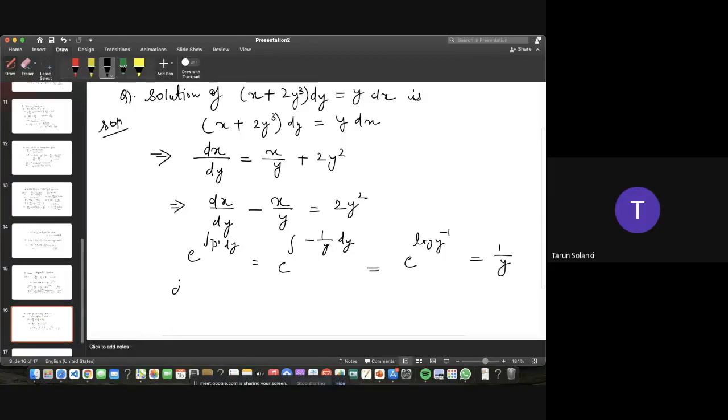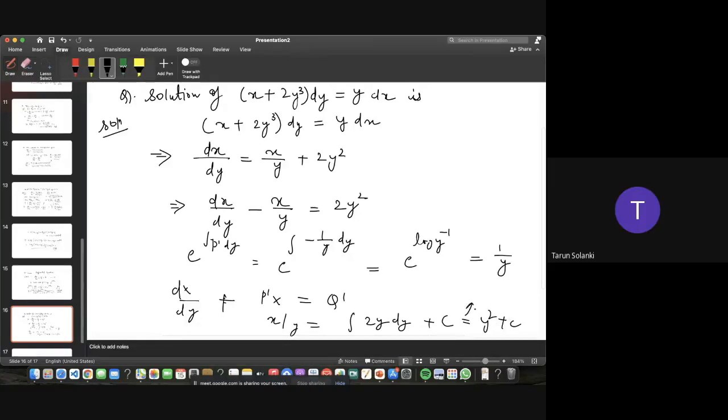So we write dx/dy + P'x = Q'. Solving, x/y = integral 2y dy + c, which equals y^2 + constant.